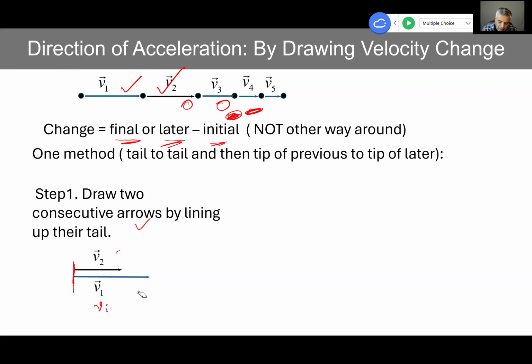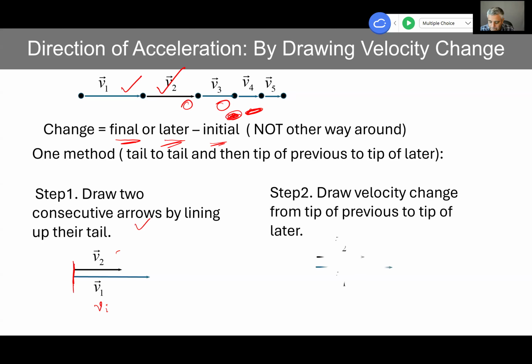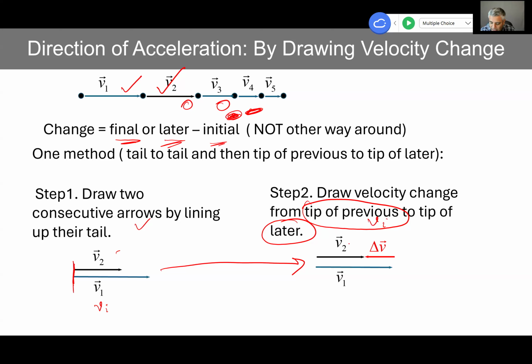So after you line up, what's the next step? In that next step, you are drawing the change in velocity vector, okay? I'm just copying here. So now here is the important part. You draw delta v starting from the tip of the previous to later. Previous means vi to vf. Just like when you drew change in position, you went from initial to final, right? Initial to final.